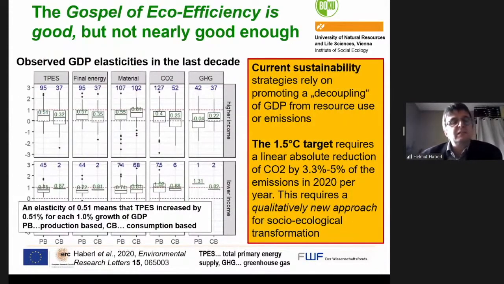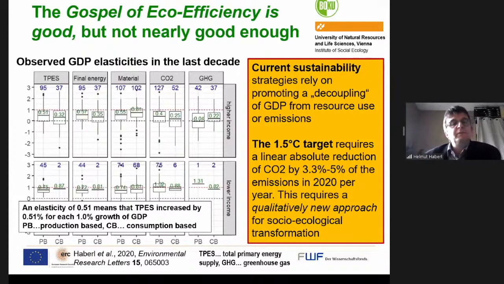And my second slide wants to show that anything resembling the past trajectories will not, and by far, achieve a low carbon scenario. Most current sustainability strategies rely on promoting a decoupling of GDP, gross domestic product, from resource use or emissions. And here you see an analysis of what happened in the last 10 years.